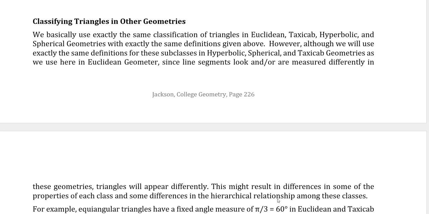But even though we're using exactly the same definitions for these subclasses like acute or obtuse and so forth, what we could do is go with the largest angle and see what size it is. But when we do that, line segments are going to look differently and measure differently in these geometries. So triangles will appear differently or might have different measures.